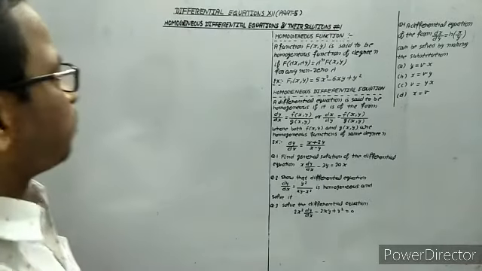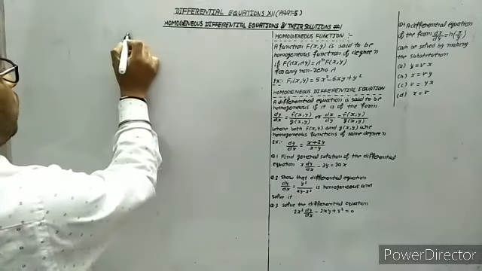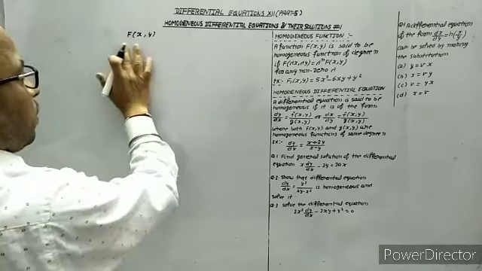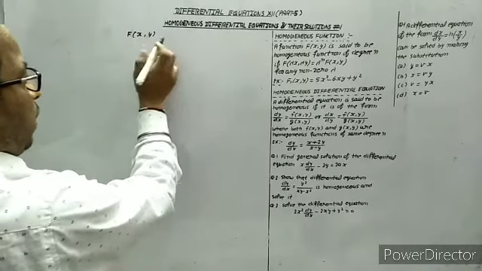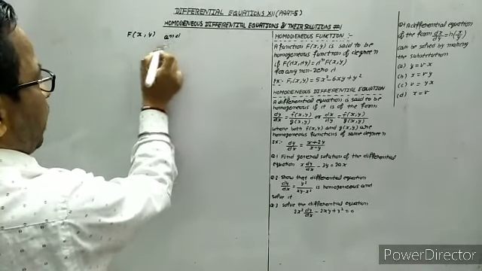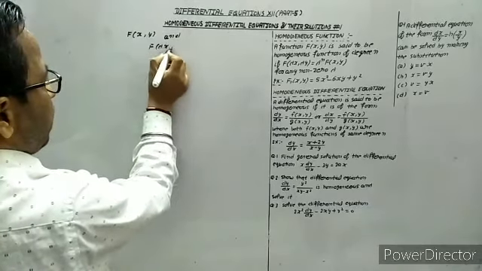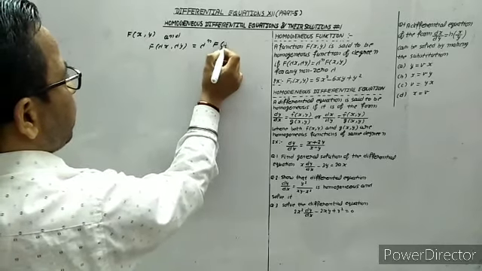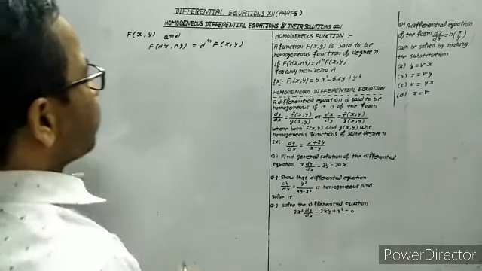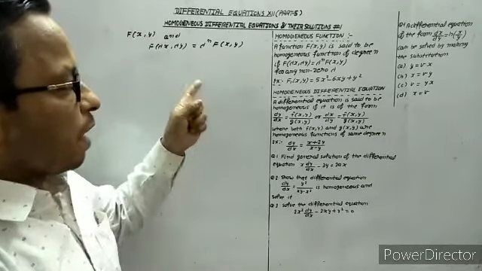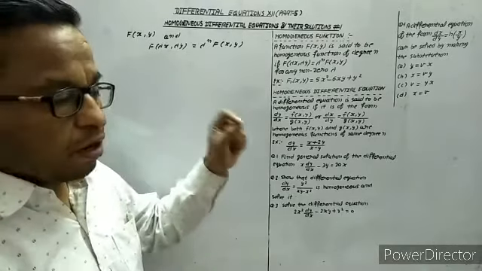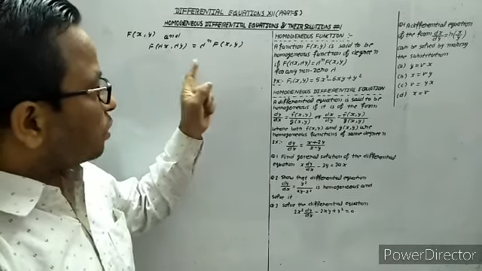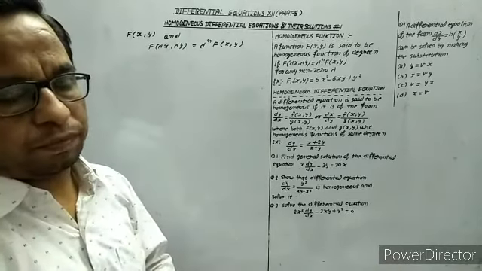A function f(x, y) is said to be a homogeneous function if f(λx, λy) = λ^n f(x, y). Then the function is said to be homogeneous, n is the degree of the homogeneous function, and λ is non-zero.